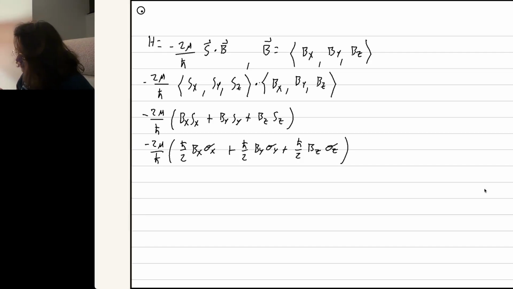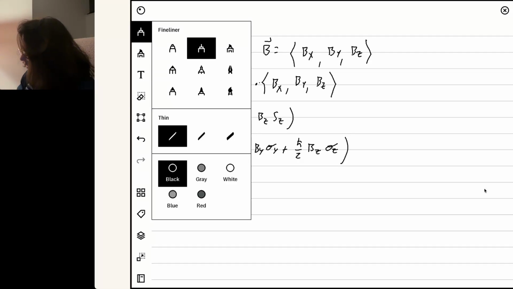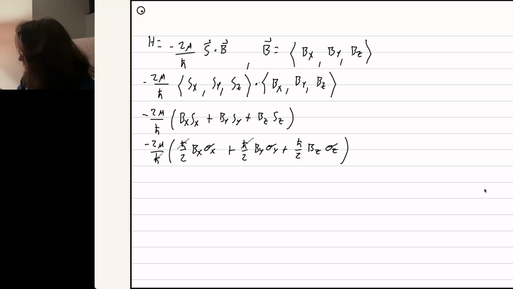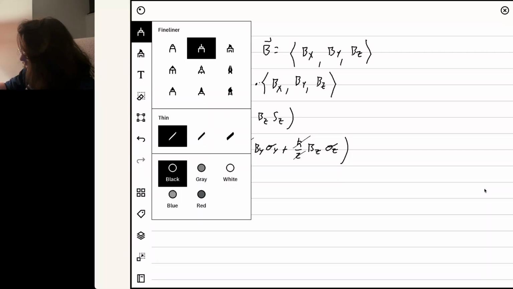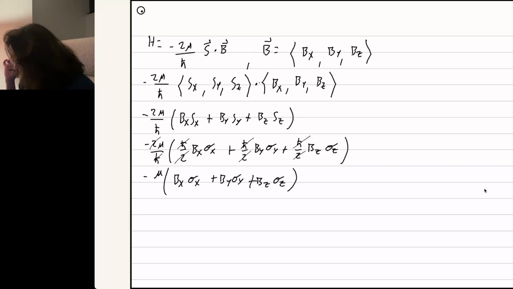The h bars on the inside will cancel the h bar on the outside, and the 2's on the inside will cancel out the 2 on the outside. And you'll just have minus mu times bx sigma x plus by sigma y plus bz sigma z. And we're meant to find the eigenvalues for that Hamiltonian.